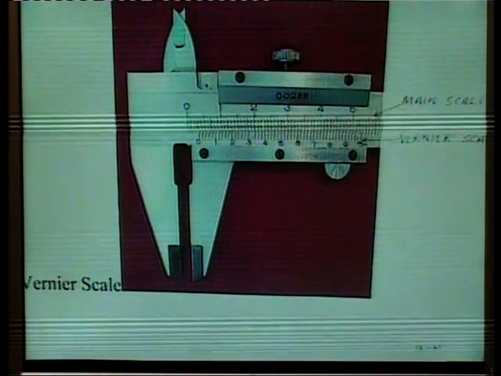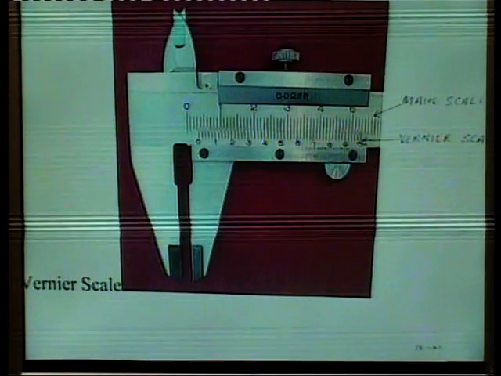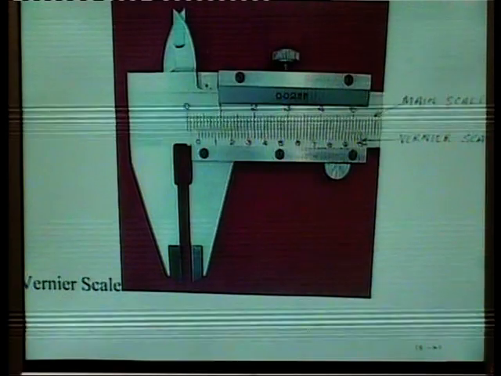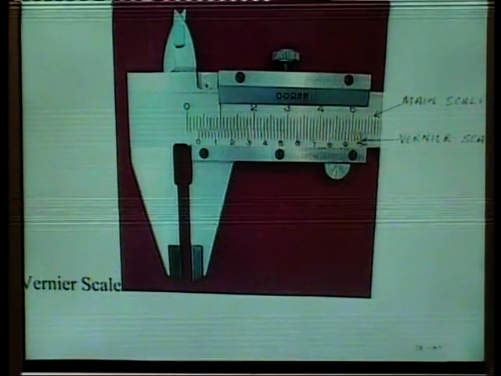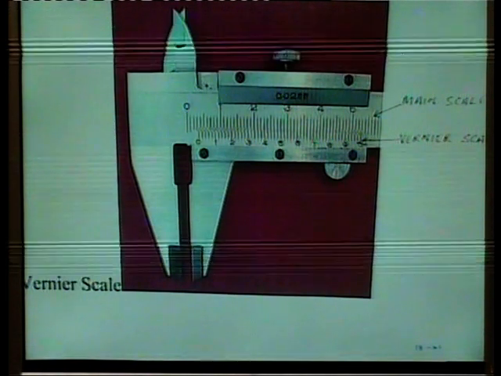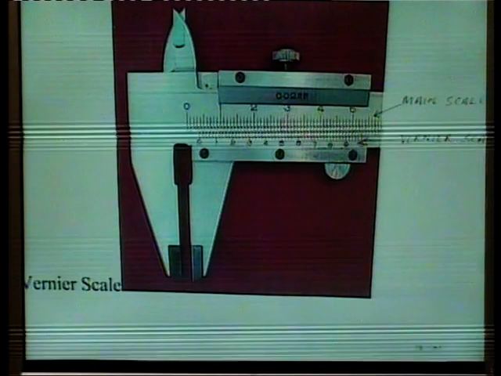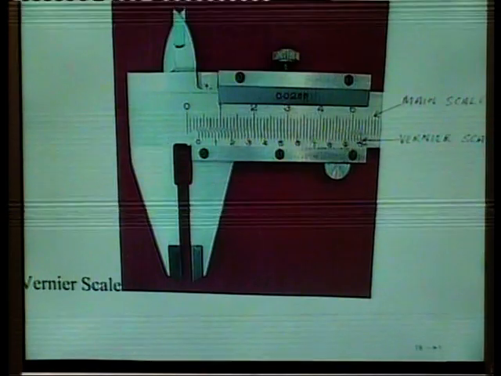Dividing the value of one division of the main scale by the number of divisions on the vernier scale gives the least count. Before using the instrument, check the zero error, that is, the zero line on the vernier scale must coincide with the zero of the main scale.